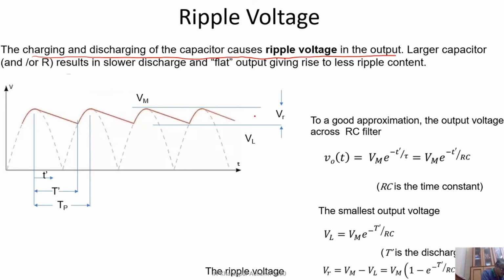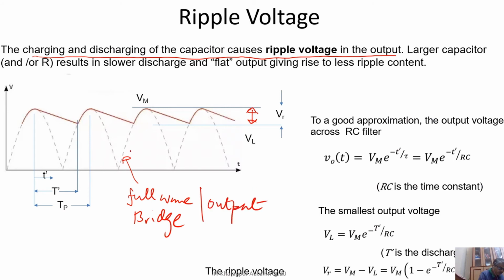So this is the amount of ripple you are getting at the output, because that is the variation. I am showing a full wave or bridge rectifier output with this dotted curve, whereas if I use an RC after this full wave or bridge rectifier, the waveform will be like this.